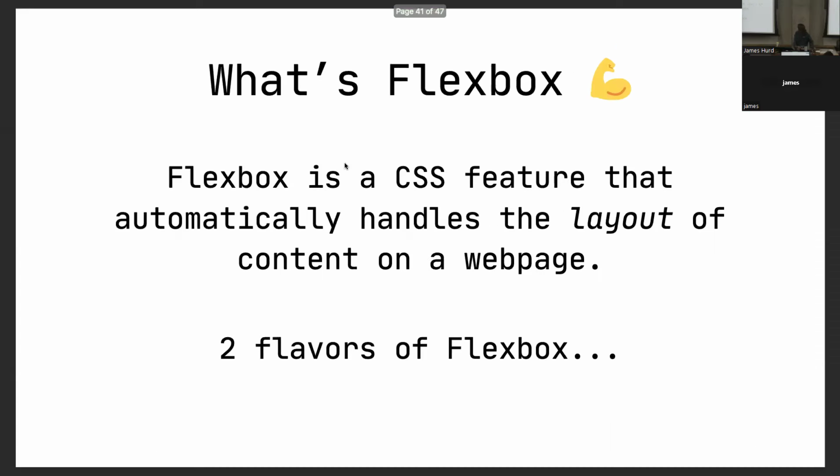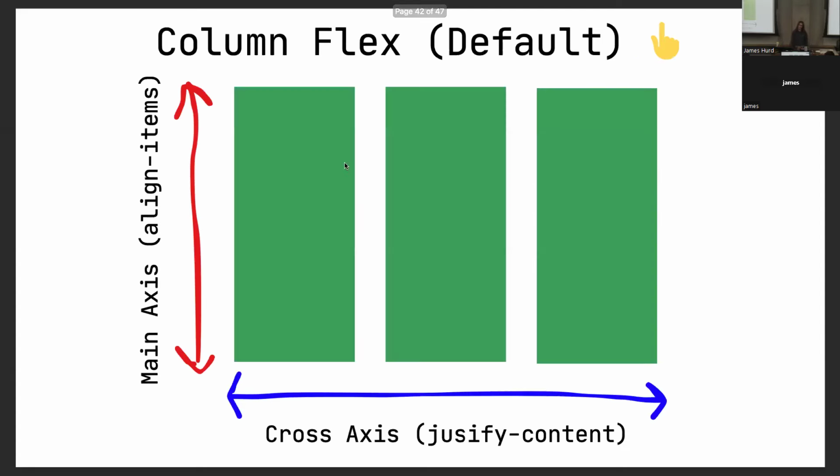So the other important thing with CSS is this thing called flexbox. Now, we can use a lot of different attributes in CSS to define colors, fonts, stuff like that. But for actually positioning the elements, we need something a bit stronger, which is this CSS feature that automatically handles the layout of a web page. There are 2 main flavors of how flexbox works. The first one is the column flex, which basically, if you have some div, and it is going to be a flexbox, then everything inside it, it tries to display as columns next to each other.